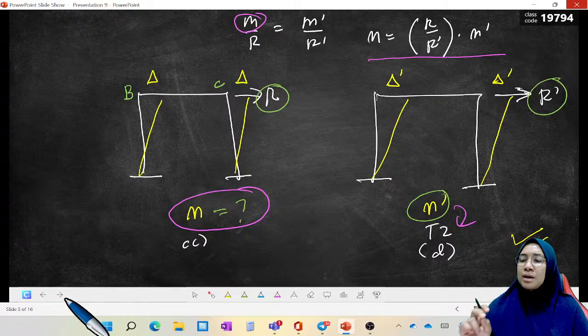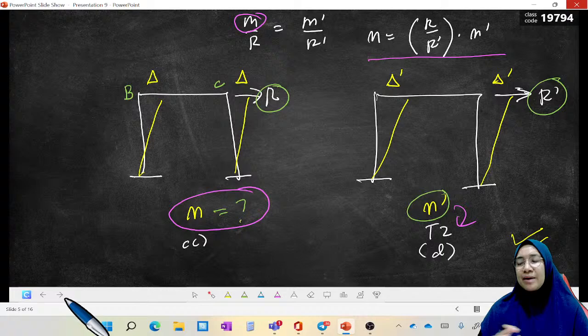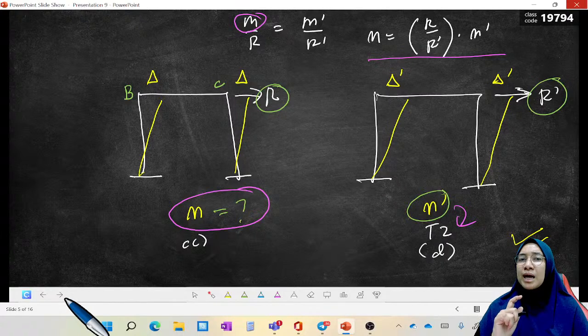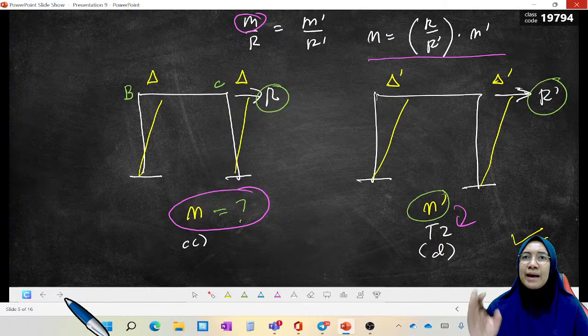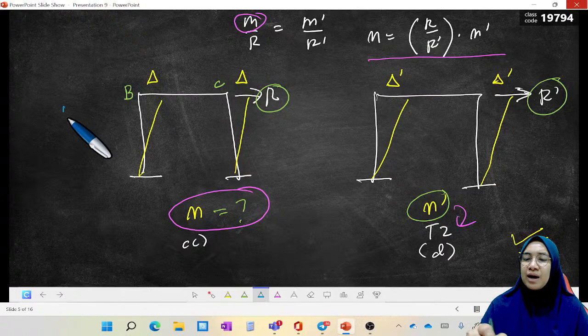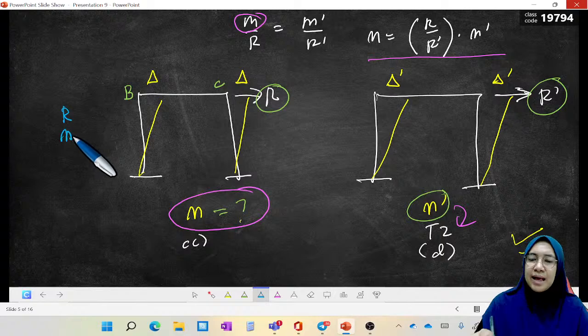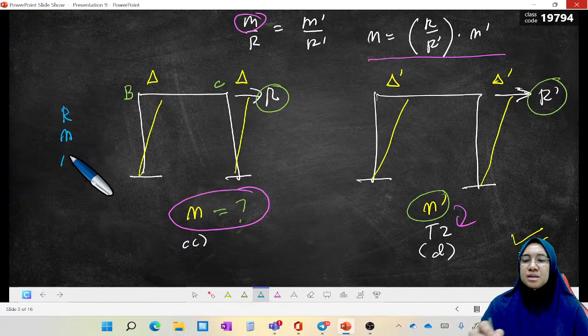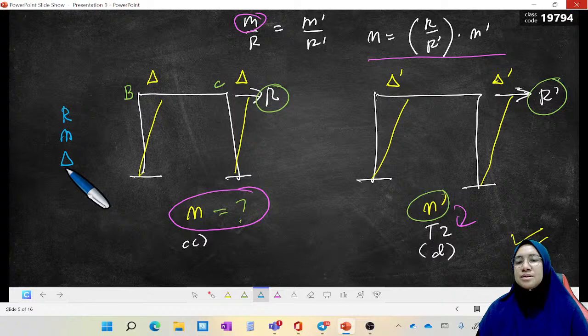By looking at the diagram, we have two diagrams, C and D. And remember, we don't need to calculate the delta value, and we don't want to know the delta value. So in diagram C, we have R and M, of course due to delta.